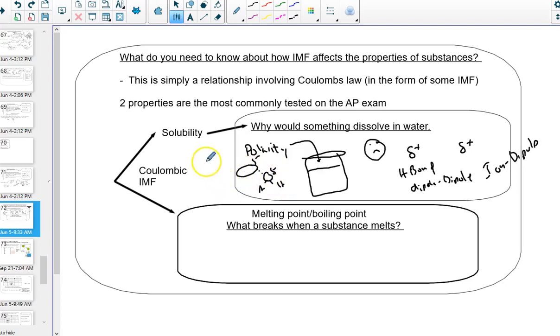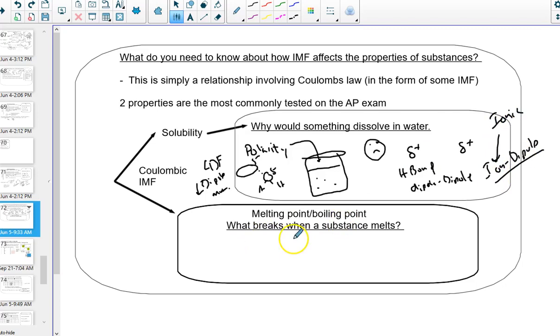If you only have London dispersion forces, or your dipole moment is very small, then dissolving in water is going to be very small, and that's a big concept you're going to want to understand. This ion dipole would be more for ionic compounds. Keep that in mind. That's something you really want to have under your belt.